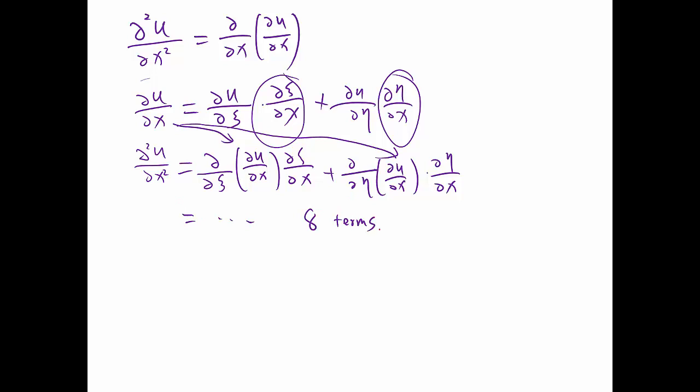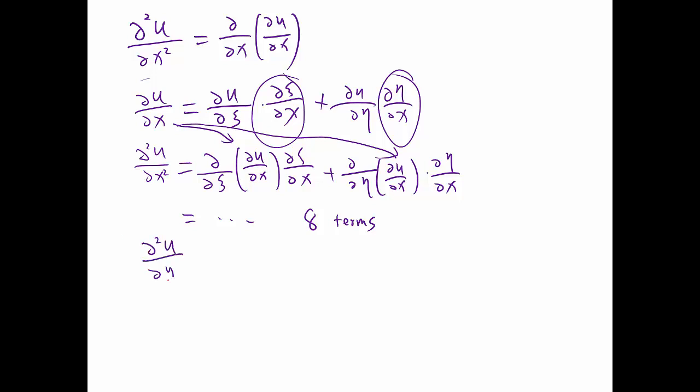I'm not going to write it down here, but you get 8 terms involving first order and second order derivatives of xi and eta. But the point is, you have removed all partial derivatives with respect to x and y, right? We have represented everything in terms of the partial derivatives of the solution u with respect to xi and eta.